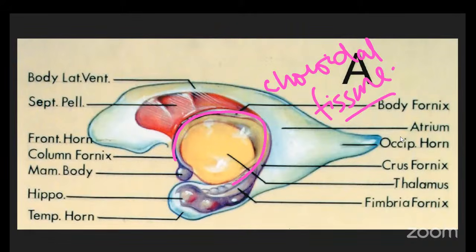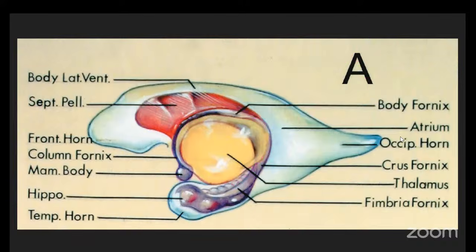It is highly vascular and it ultimately ends up forming the choroid plexus, right? This ends here. This does not go all the way around the ventricle. It starts somewhere around here, goes in a C formation and stops somewhere around here at the, what is that called?